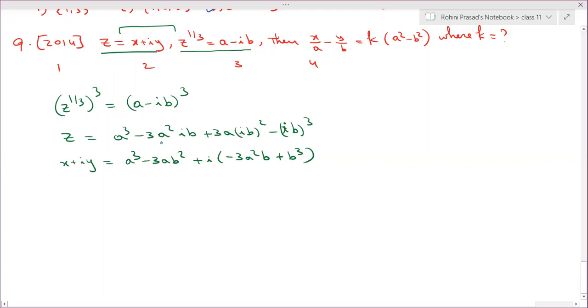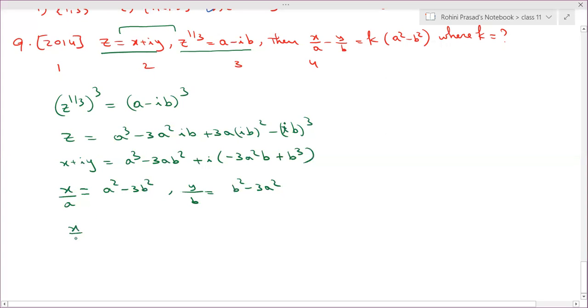So this is what you get. So you get X by A directly equal to A taken common, it's A square minus 3B square. Similarly, Y by B equal to the B square minus 3A square.